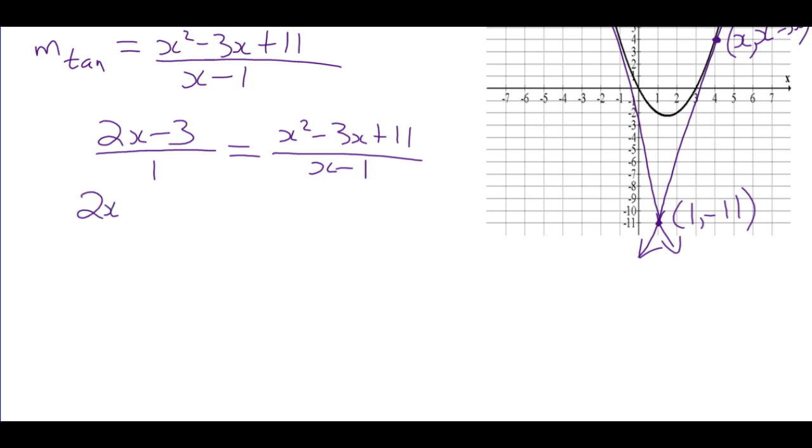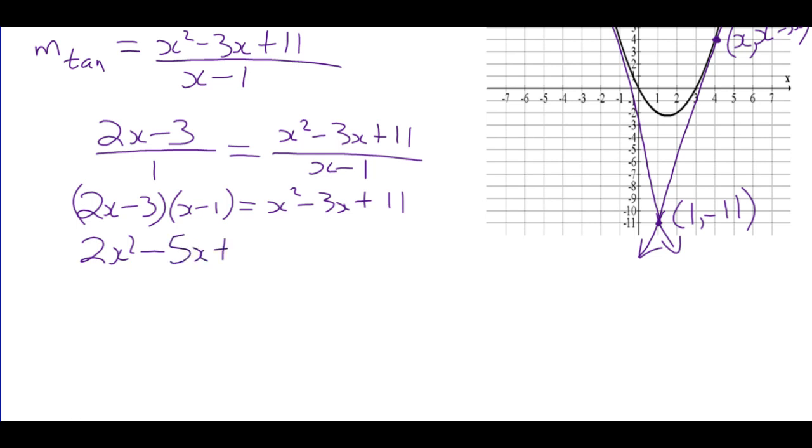So 2x minus 3 times x minus 1. What do we get? 2x squared minus 5x.